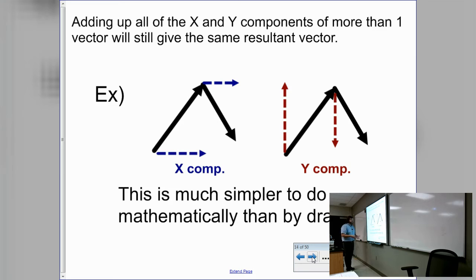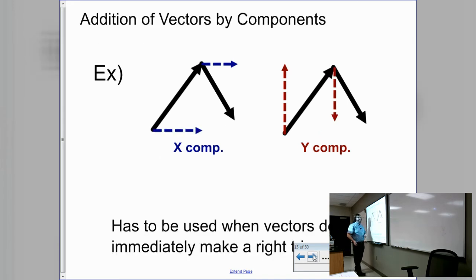This is much simpler to do than actually drawing it out. It's much easier to do mathematically, so I would not use graph paper to set it up. Same diagram here.